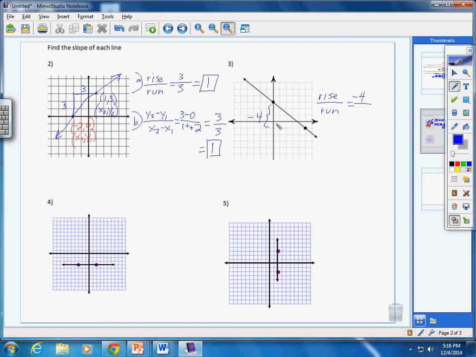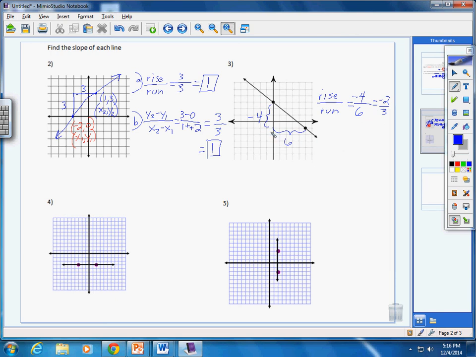Then from here, I'm going to count 1, 2, 3, 4, 5, 6. Well, I ran 6. My horizontal change is positive 6. So that is my run. So my slope right now is negative 4 over 6, but let's simplify that. It should be negative 2 over 3.